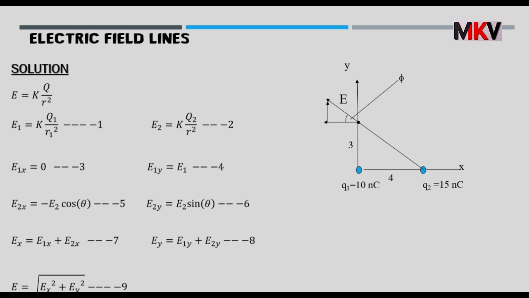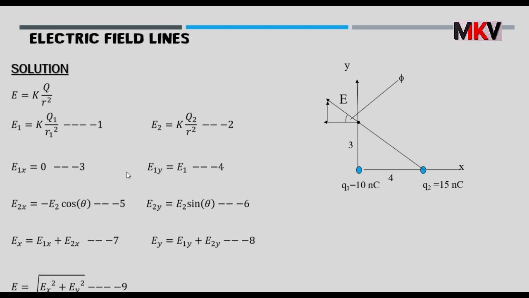Our E1 will be KQ1 over R1 squared from the diagram here, and E2 will be KQ2 over R squared. For E2, the distance is R, because the distance from charge Q2 to the point P is shown as R. So here is our R1, here is our R2, and here is R, meaning you're supposed to resolve this distance using the Pythagoras theorem.